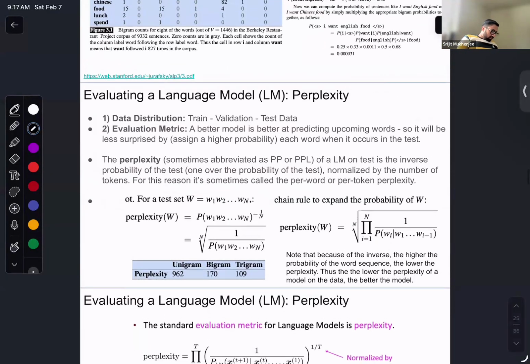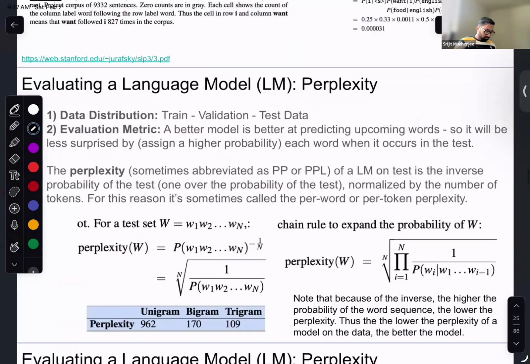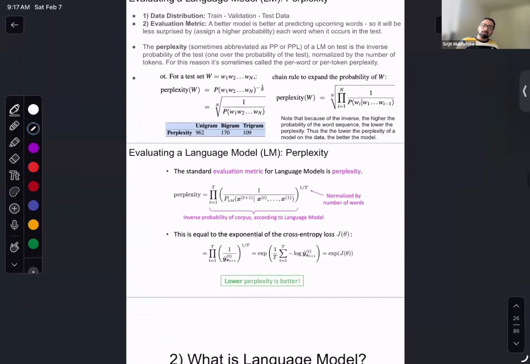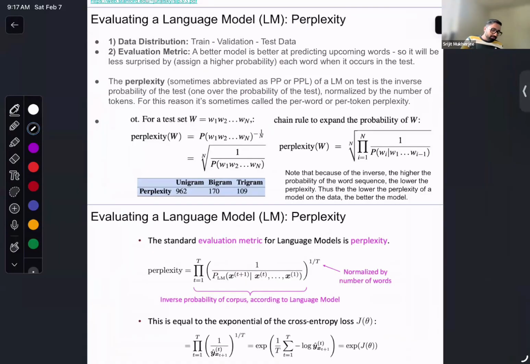So now how do you evaluate a language model? First, just like basic machine learning, you have this train, validation, and test dataset setup. You take a dataset, you divide this into train, validation, and test, and then you have an evaluation metric.